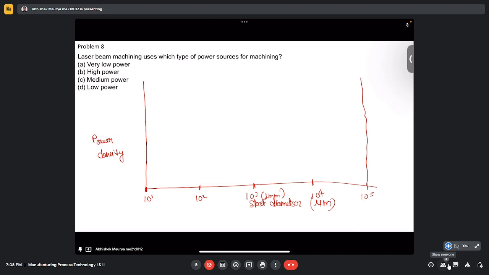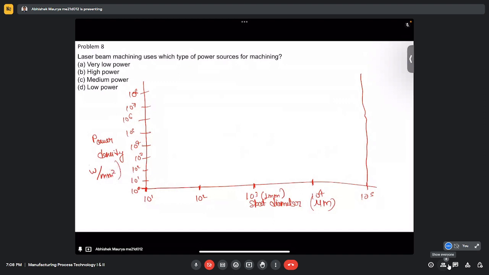And on the y-axis, power is shown: 10 to the power 0, 1, 10 to the power 7, 10 to the power 8, something like that. And the power density is in watt per mm square.